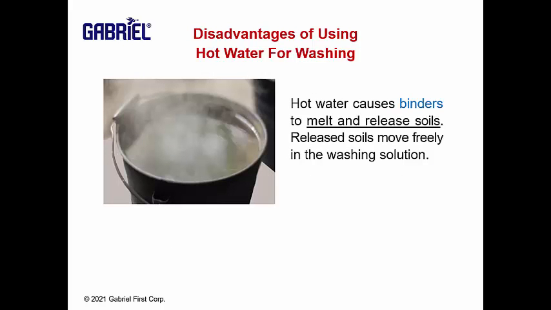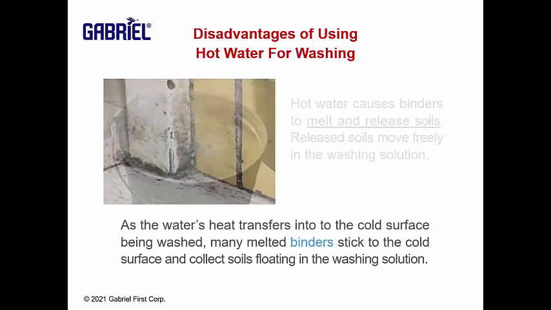Now, the disadvantages of using hot water for washing: hot water causes binders to melt, and when they melt, they release their payload. They release the soil into the water. Released soils move freely in the washing solution. As the water's heat gets transferred into the cold surface being washed, many melted binders stick to the cool surface and then begin to collect soils that are floating in the washing solution.